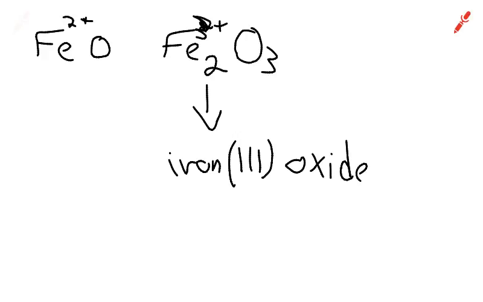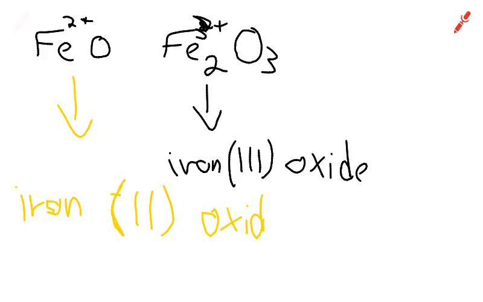Whereas over here, we would write iron 2 oxide. So the Roman numerals are very important, especially for the transition metals, because many of them can form different ions.